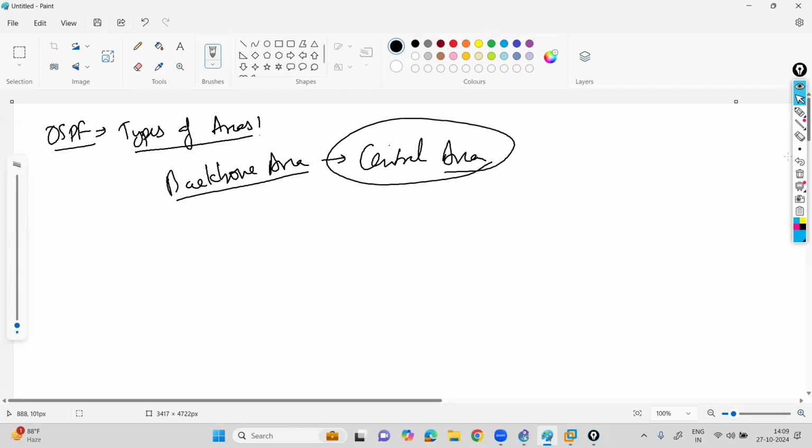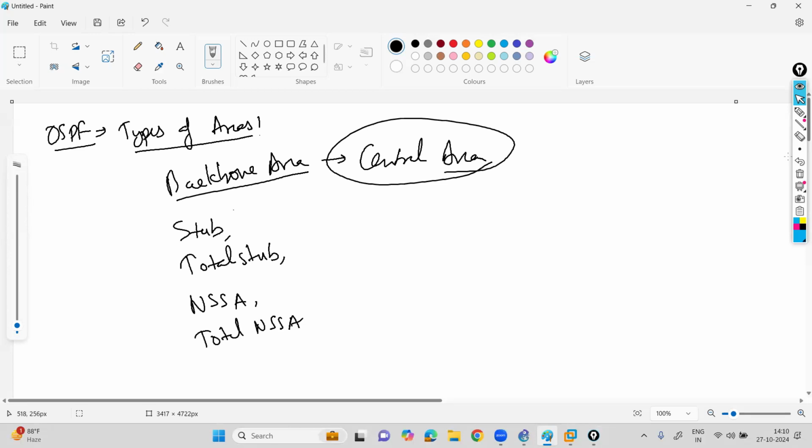Now, except for these, we have many types of areas like stub areas, right? Totally stub areas, not so stubby areas, and total not so stubby areas.